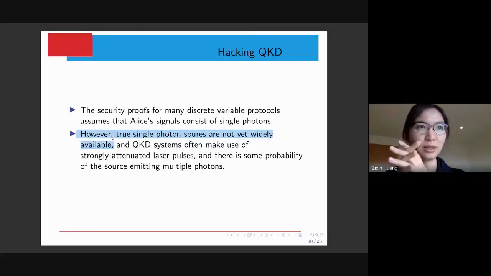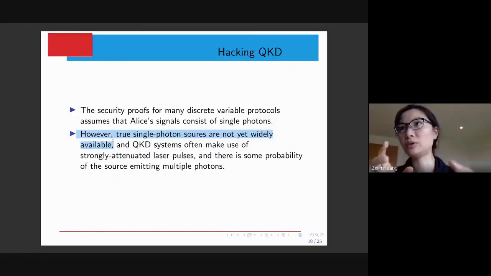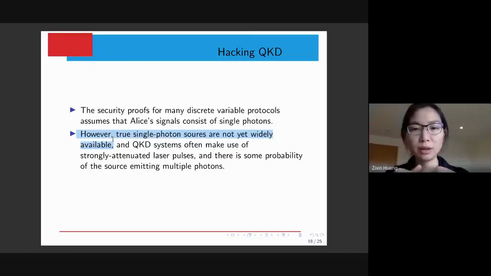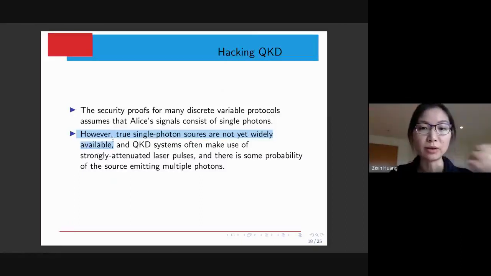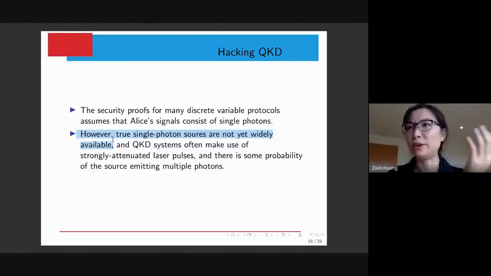Why is that the case? For a laser pulse, the problem is that the distribution is Poissonian. If you say I want my photon source to produce a state with mean photon number 1, sometimes you get 0, sometimes you get 2, sometimes you get 1, sometimes you get 3, and so on and so forth. So press-button single photon sources are not yet available. There are candidates, but these are very bulky, and they usually need to be cooled to several Kelvin temperatures.